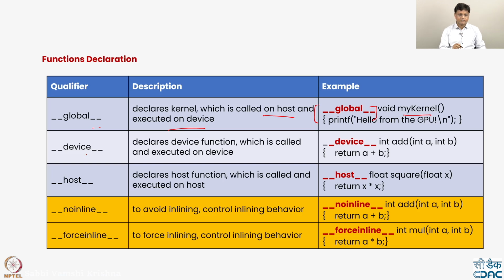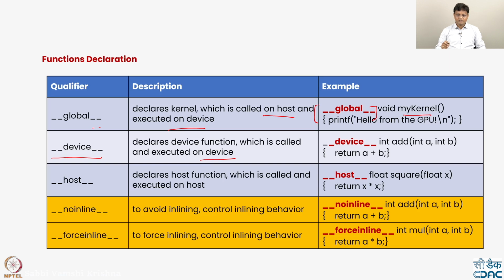The next qualifier is device. You can see the syntax of defining a device function. Such functions will be called and executed on the device itself. Meaning, suppose we have only one GPU, and there is one function in your program written with the qualifier device.